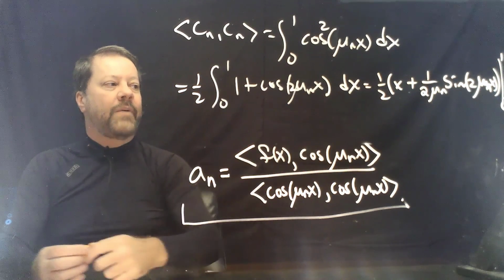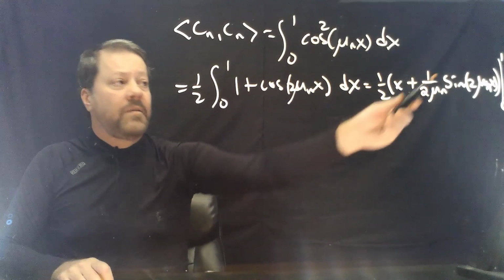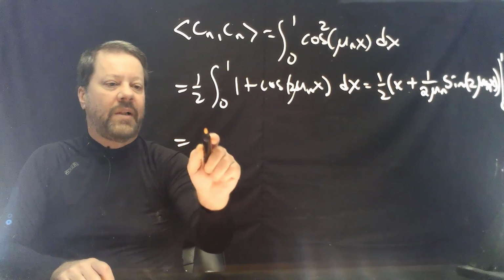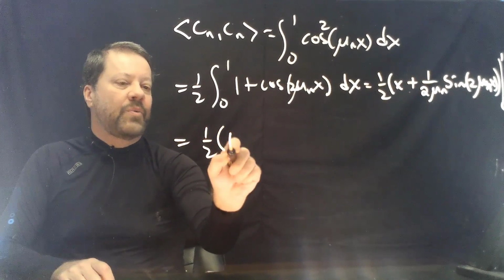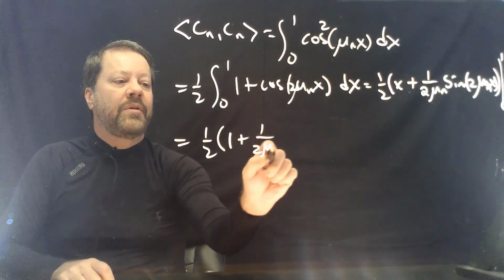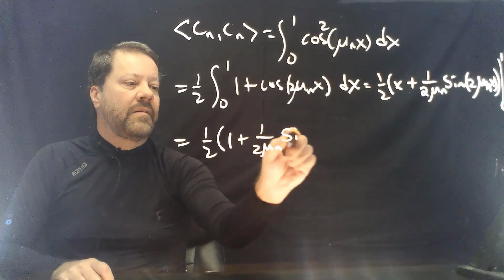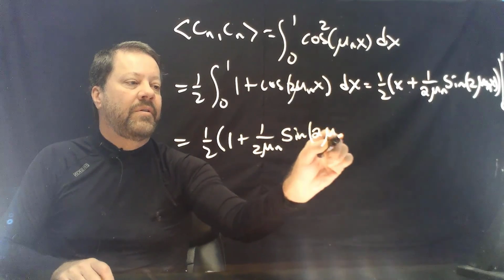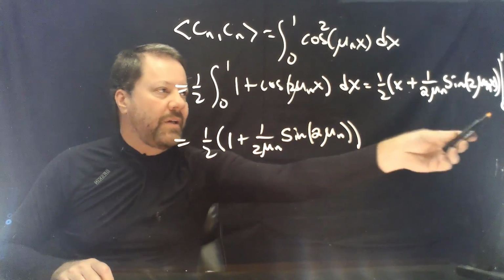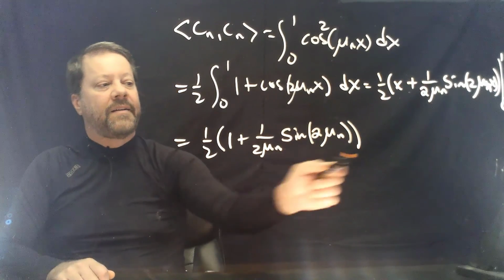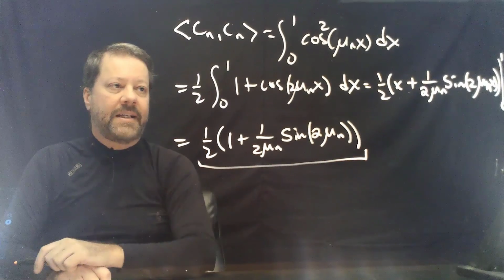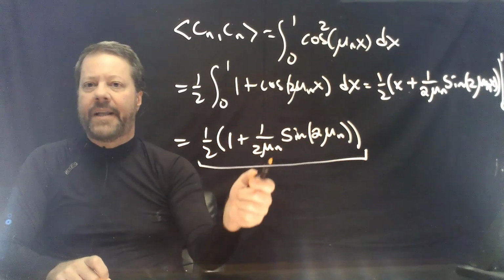We're evaluating from 0 to 1. Plugging in 1, we'll have 1/2 times 1 plus 1 over 2 mu n sine of 2 mu n. And when you plug in 0, both terms go away. So this is just it. These will be our denominators.